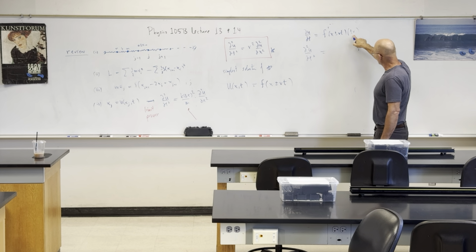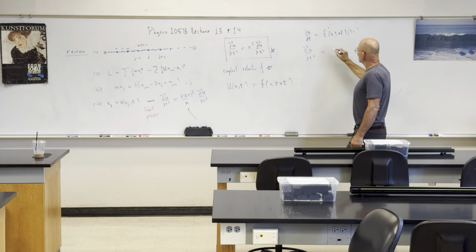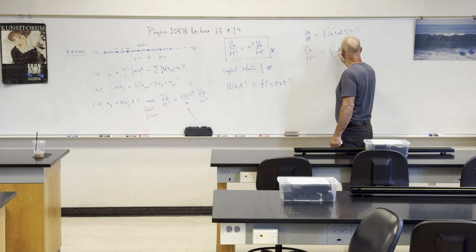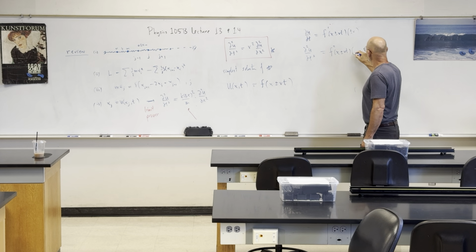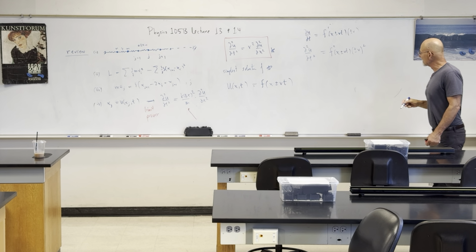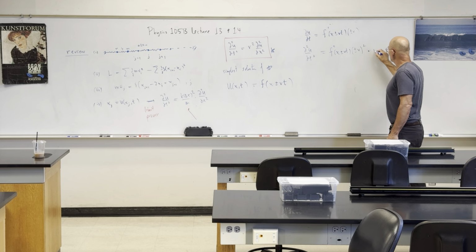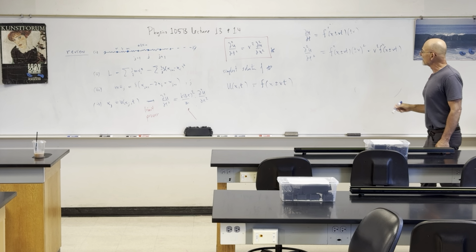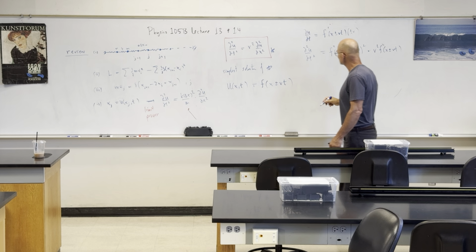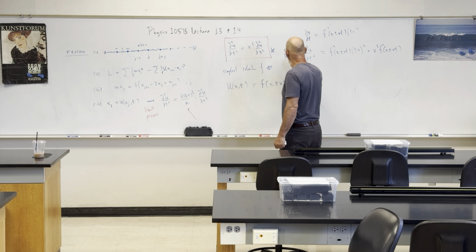And v is a constant, so we just have f double prime of x plus or minus vt, times plus or minus v squared, which gives us v squared f double prime of x plus or minus vt. That was the left-hand side.